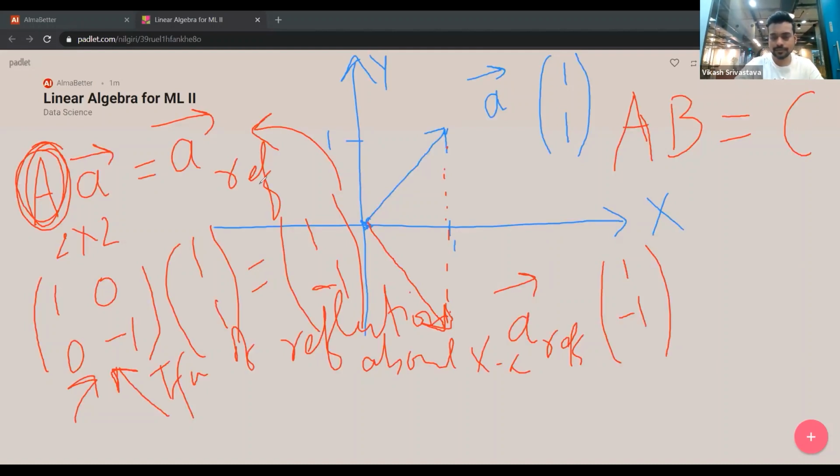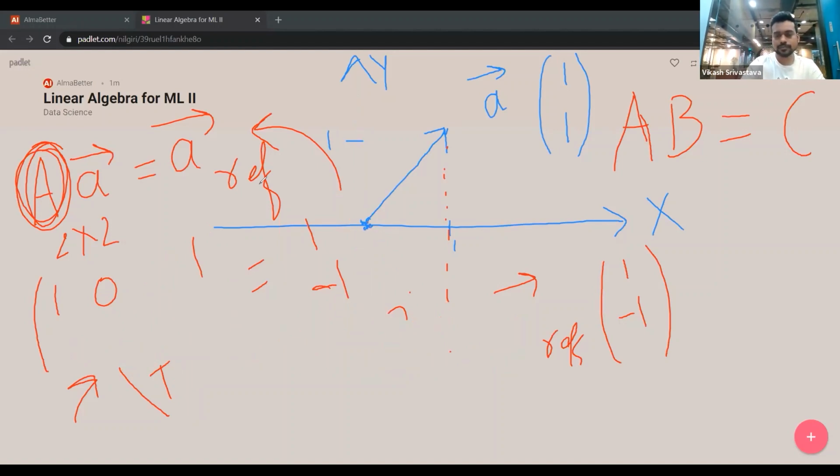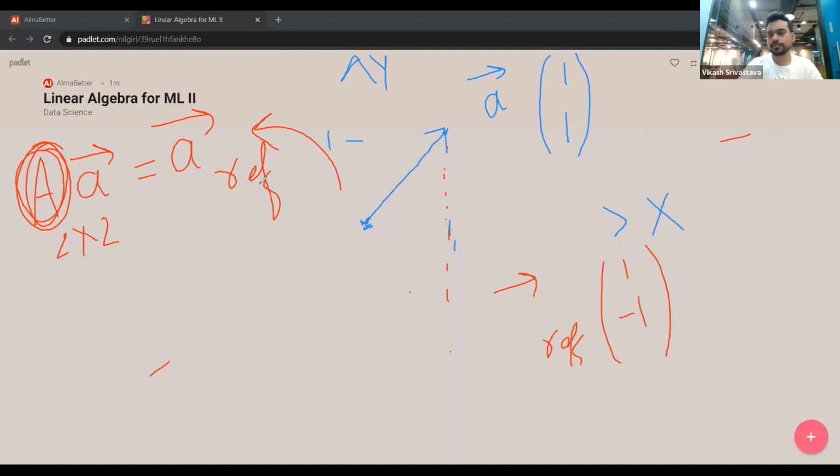Sorry. Maybe I'll delete these. Okay. So this was the reflected vector we had, and this was the x-axis.